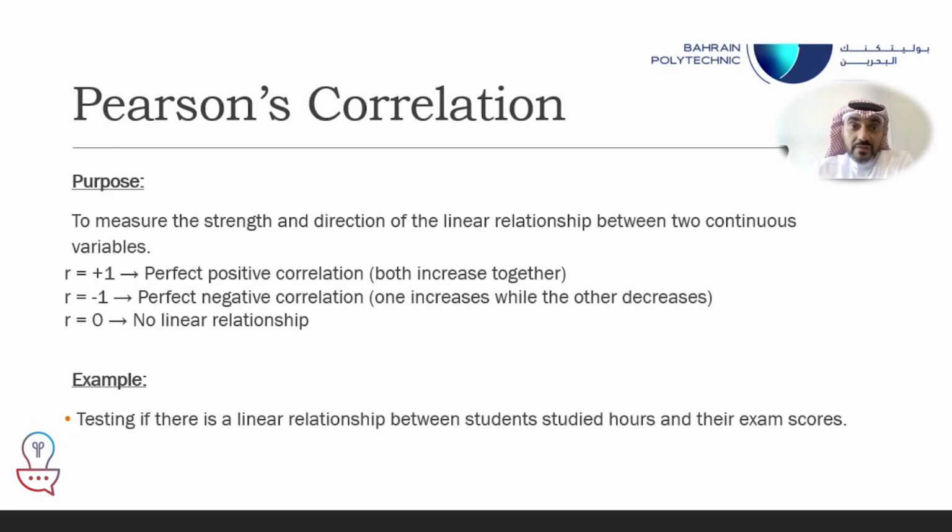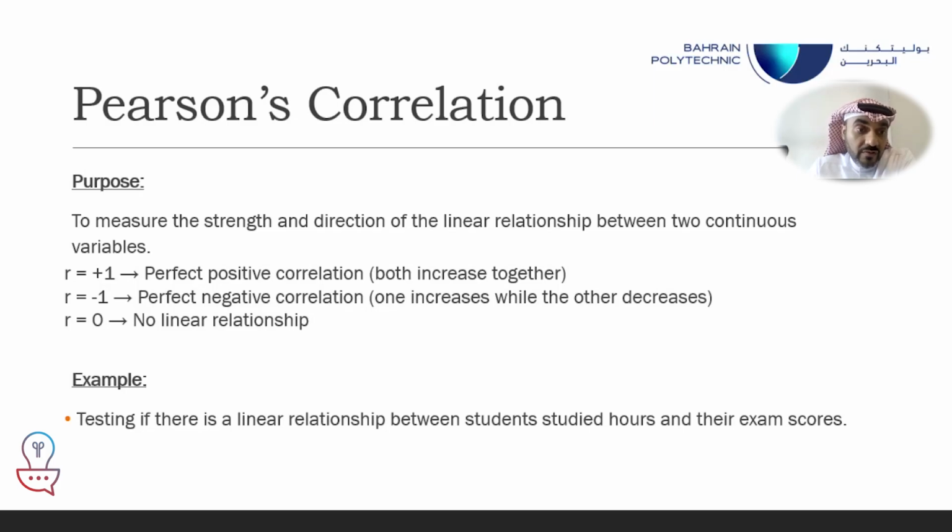Finally, Pearson correlation is for testing, again, the relationship between two variables, but these variables are continuous. For example, as I mentioned, the temperature over a number of days, or the height of students in a class. You measure them using numbers, and these numbers are continuous.